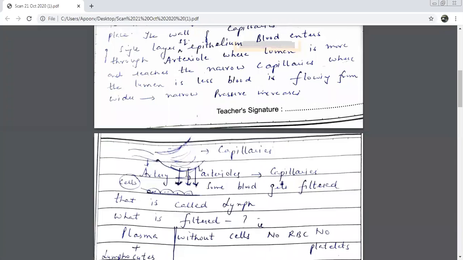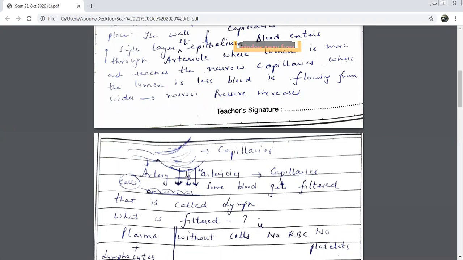Where, in which system did we study about these arteries, arterioles? Which system was it? Circulatory system. In the circulatory system, which were the bigger units? Arteries. You've heard about arteries?